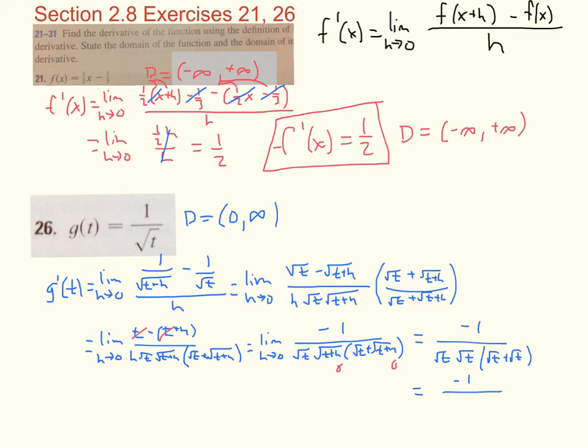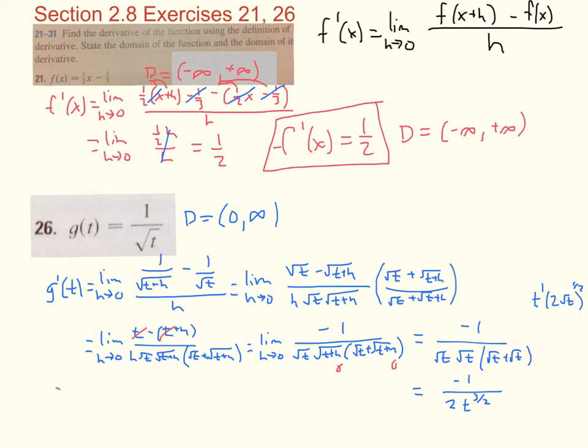The square root of t plus the square root of t is going to give me a 2 square root of t, because I'm just adding those together. So I have 2t to the 3/2 power. Again, that's a t times 2 square root of t. So this is t to the first, this is t to the 1/2 power here, so I'm just adding those together to get my t to the 3/2 power.